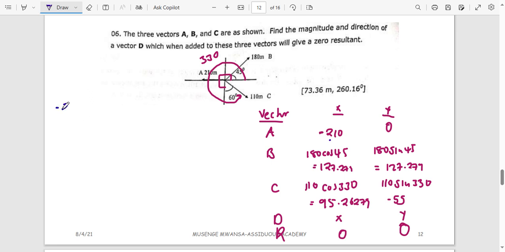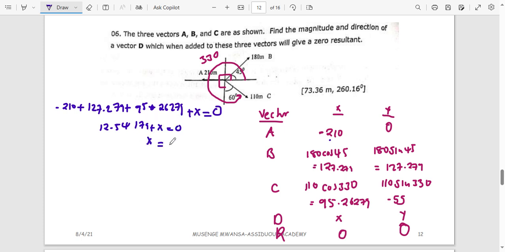So negative 210 plus 127.279 plus 95.26279, plus x, should give you the resultant, which is 0. If you add the first numbers, it will give you 12.54179 plus x, and that will be equal to 0. So to find x, just take the 12.54179 to the other side to be negative 12.54179.